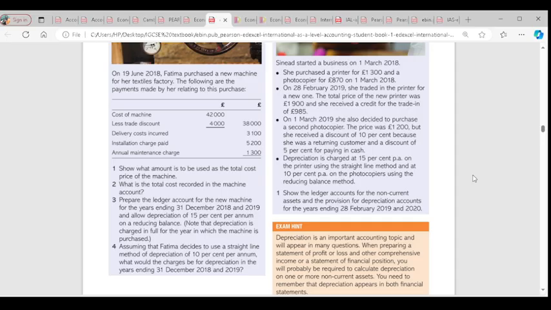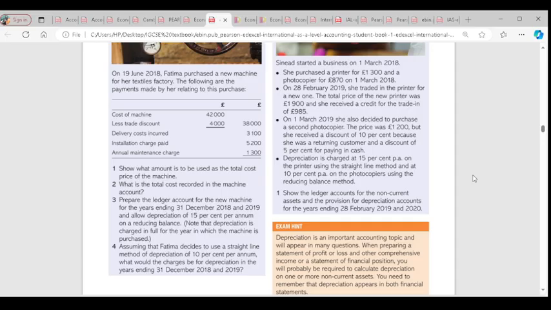So that takes us to the provision for depreciation account, for the year ending 31 December 2018 and the year ending 31 December 2019. On the debit side, you have the balance carried down for 2018 and 2019, and on the credit side, we have the depreciation for year 1 and for the second year, which is accumulated depreciation.